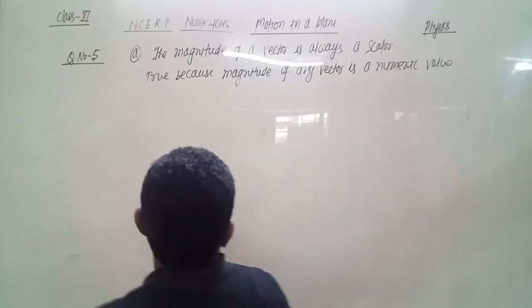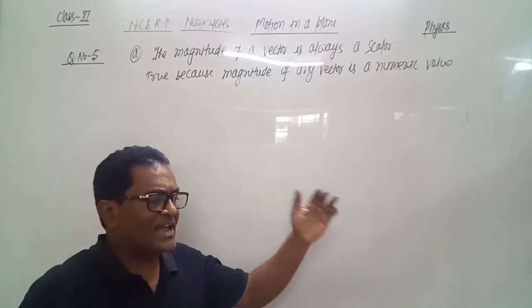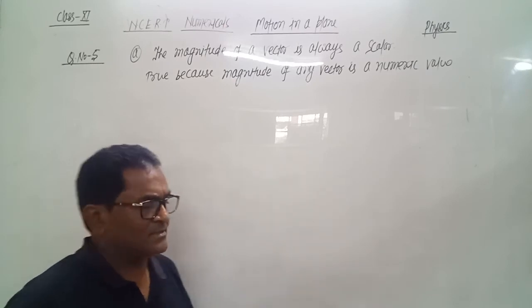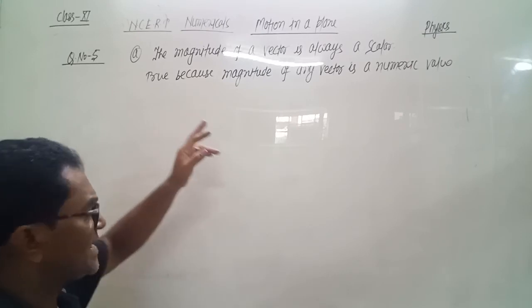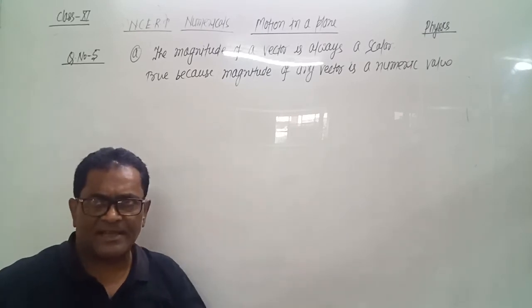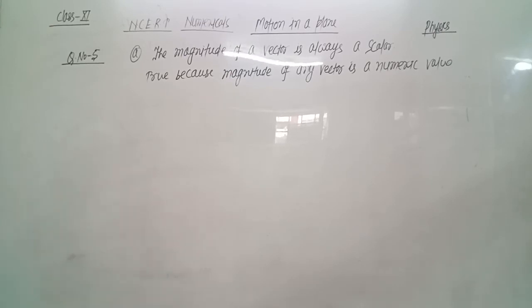So the magnitude of a vector is always a scalar. Numeric values are always scalars, and magnitudes are scalars. The magnitude of a vector is a numeric value and numeric values are called scalars.